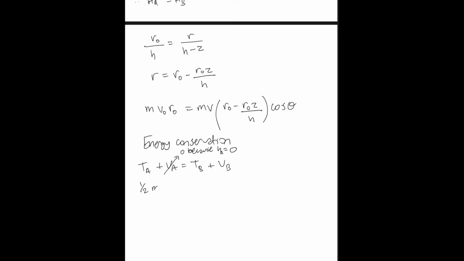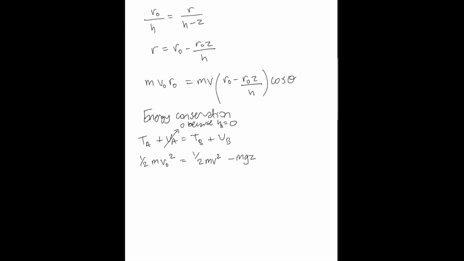TA is going to be equal to half mv naught squared, which is equal to TB, which is half mv squared, and VB is minus mgz, because it's a z distance below A. Now this is going to simplify to V is equal to the square root of v naught squared plus 2gz. That's the value for v.